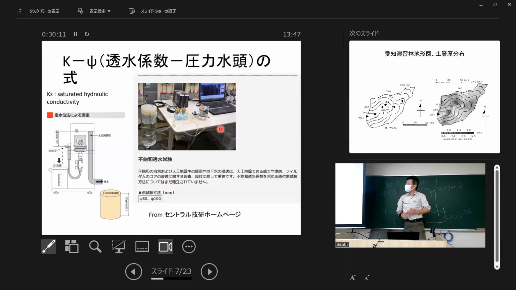Then this is showing the measurement of the unsaturated permeability, the unsaturated hydraulic conductivity. So, adjusting the negative pressure head with two porous plates. This is a little bit complicated.